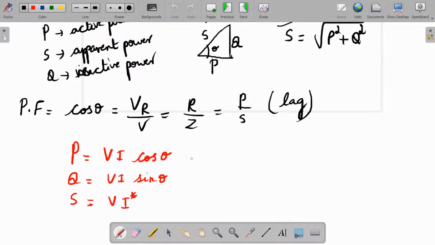For active power the unit is generally watts. For reactive power you have kVAR, and S is apparent power, which is kVA. We'll mention it as kVA.